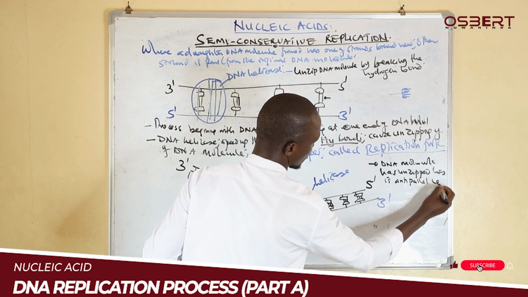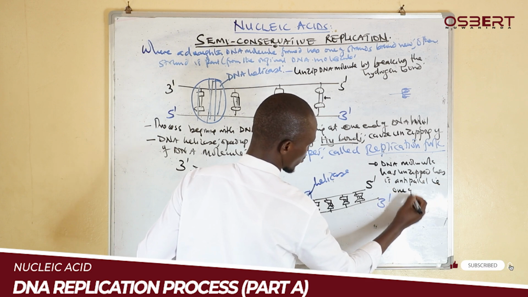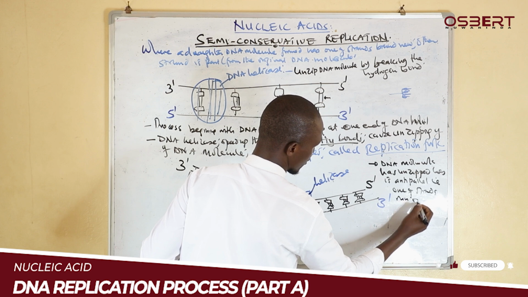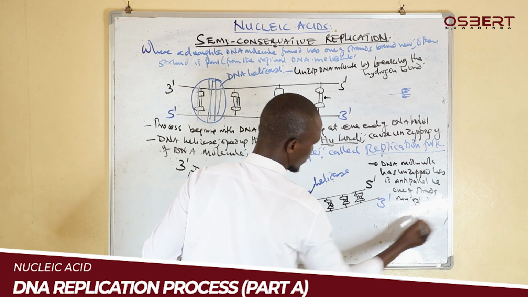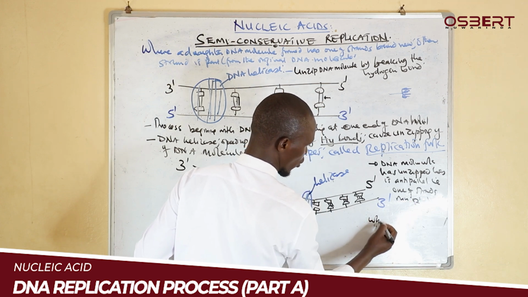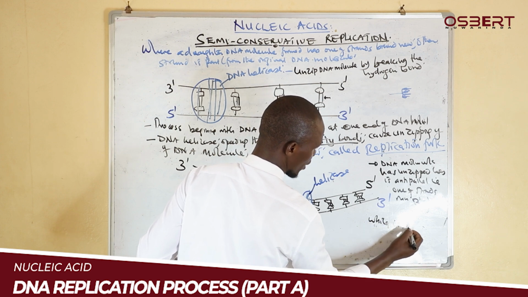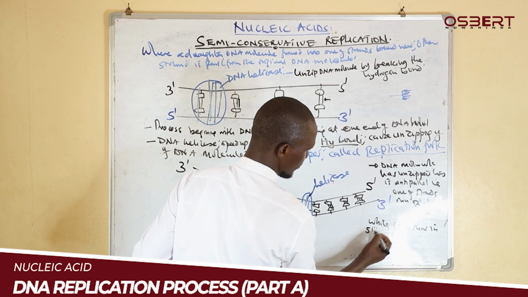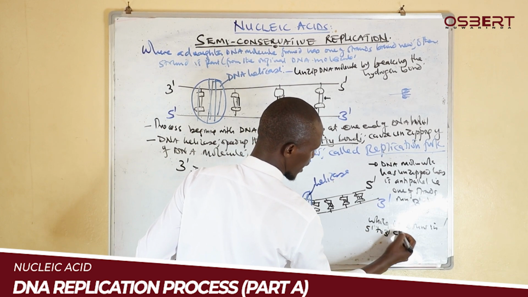That is to say, one of the strands runs in a 3 prime to 5 prime direction, while the other runs in a 5 prime to 3 prime direction.